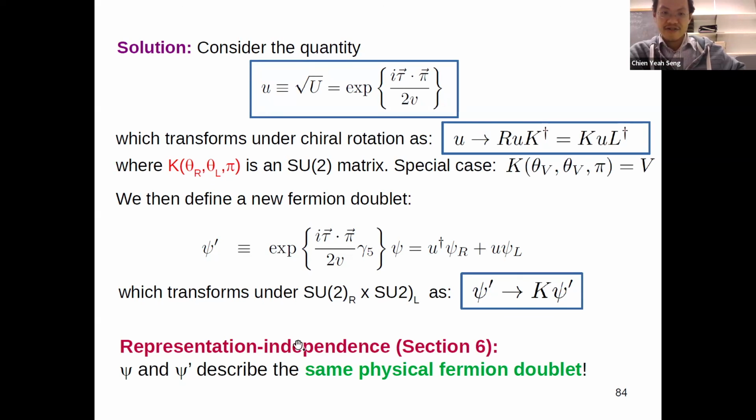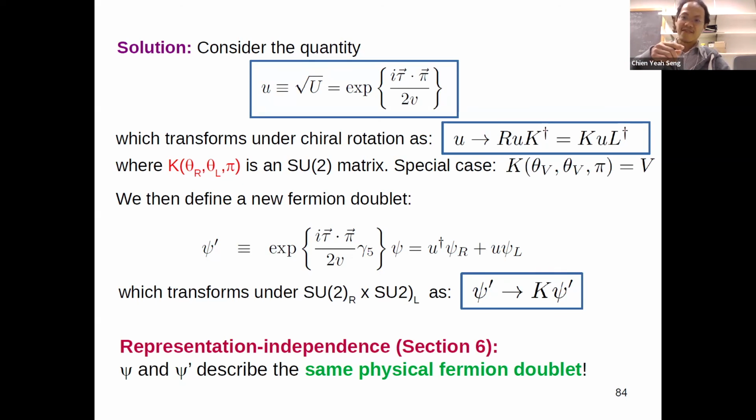According to the representation independence theorem, since psi prime equals psi times something else, where that something involves the product between psi and the Nambu-Goldstone boson, psi and psi prime are actually describing the same fermion doublet.